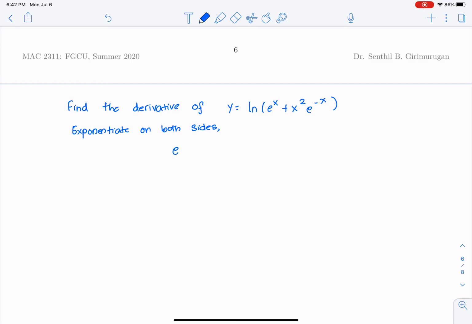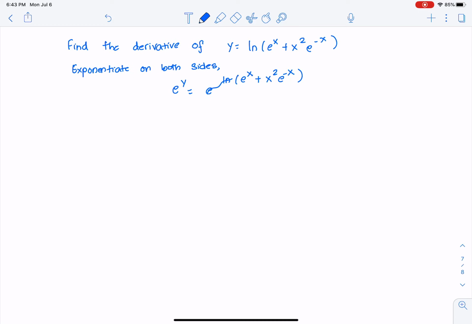So e raised y would be equal to e raised ln of e raised x plus x squared e raised negative x. Those two would simply go away, and we have e raised y is equal to e raised x plus x squared e raised negative x. Let's take the derivative.